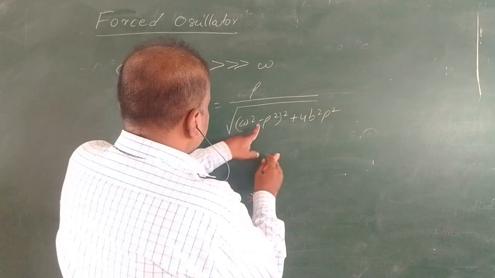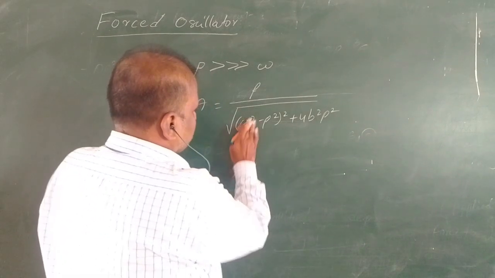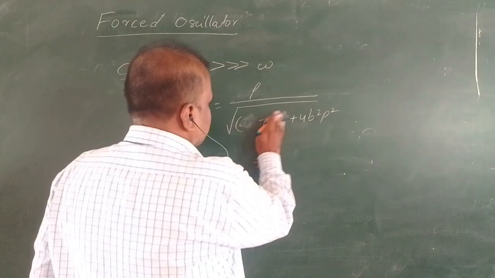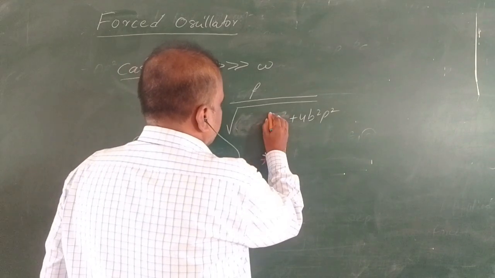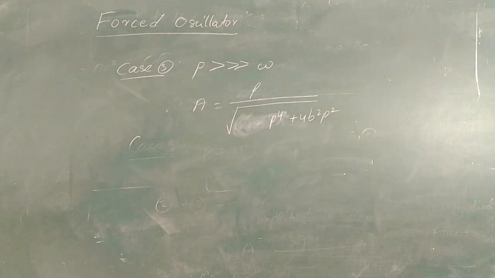Here I can neglect the value of omega square because it is very small compared with p square. So (omega square minus p square) whole square becomes p square to the power of 2, which is p to the power of 4.